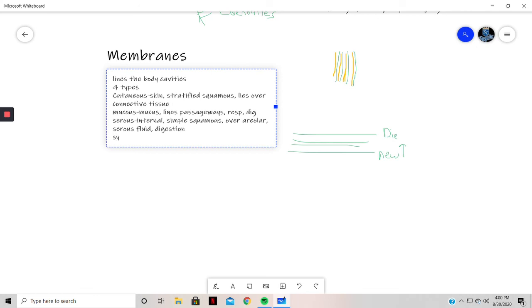Synovial membrane. And of course, these are joints. It lubricates.